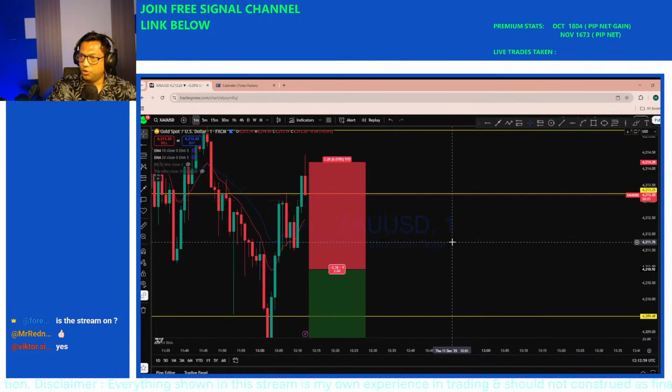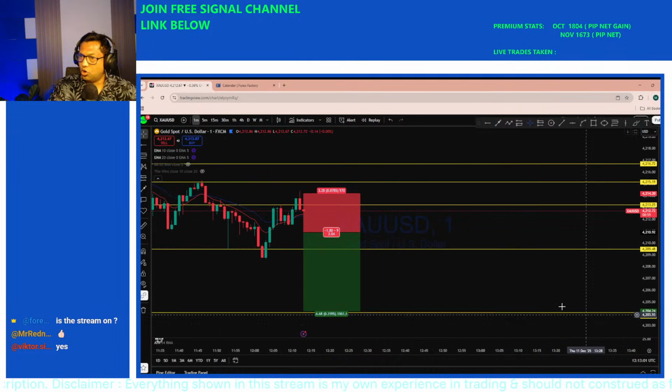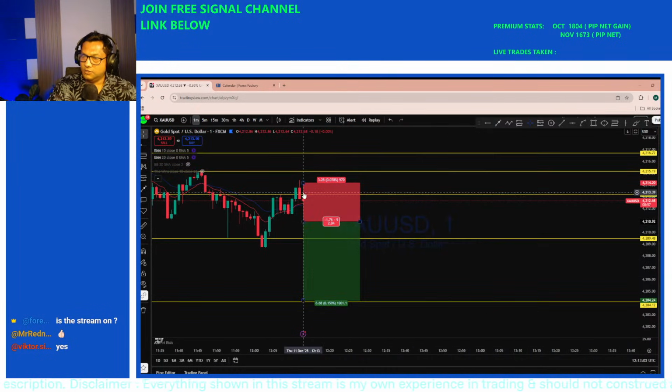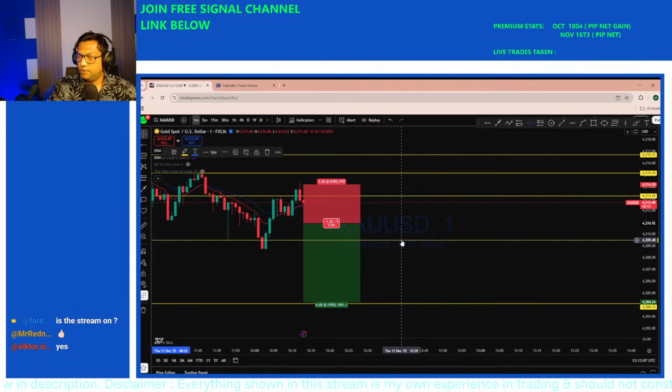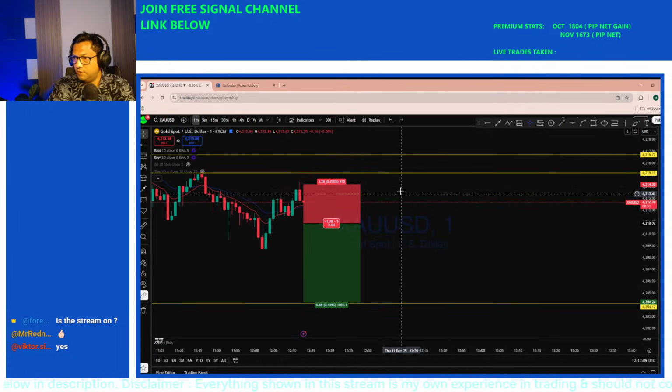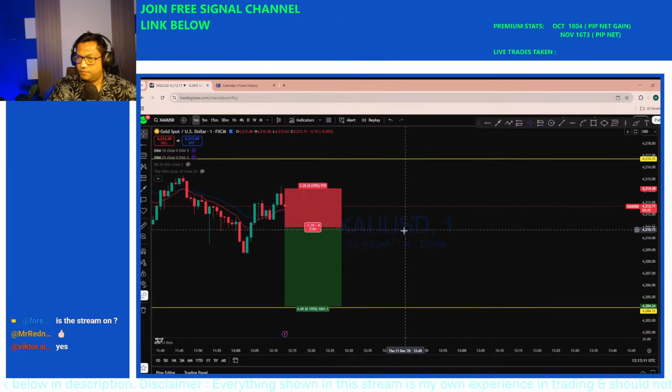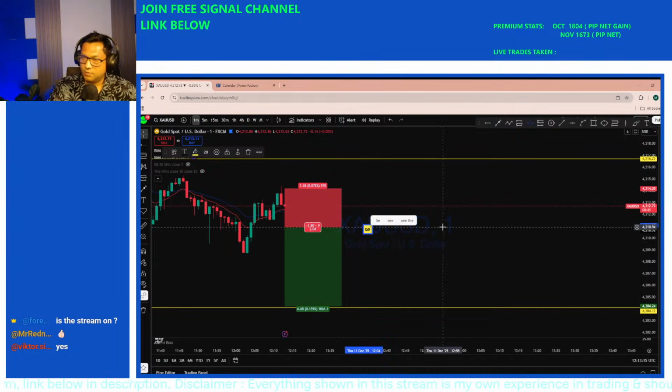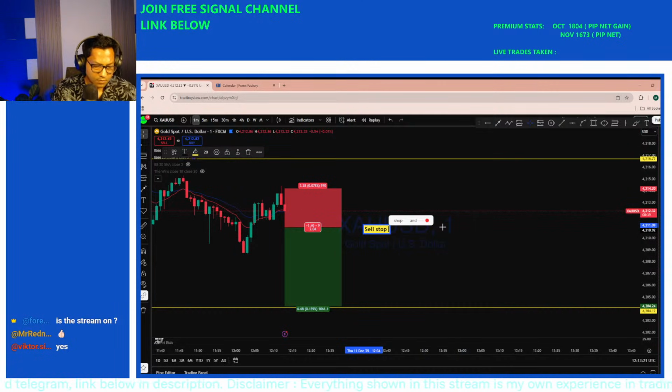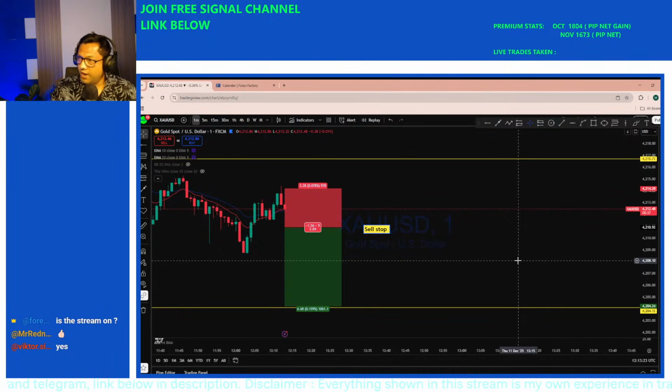Okay, so I'm going to place a sell stop order in this market for this possible drop down. Sell stop at 4210.92.